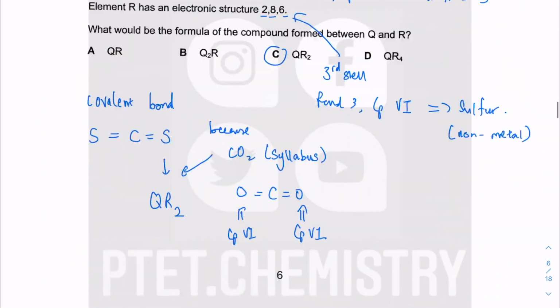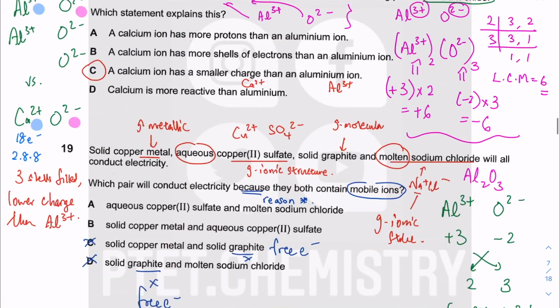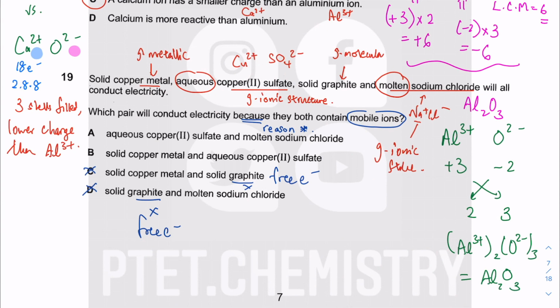So even though you have cations in the giant metallic structure, it conducts electricity because of the free delocalized valence electrons that move. So it cannot be the copper metal. I should probably use a different color so that it's emphasized. Okay, not the cations that move.